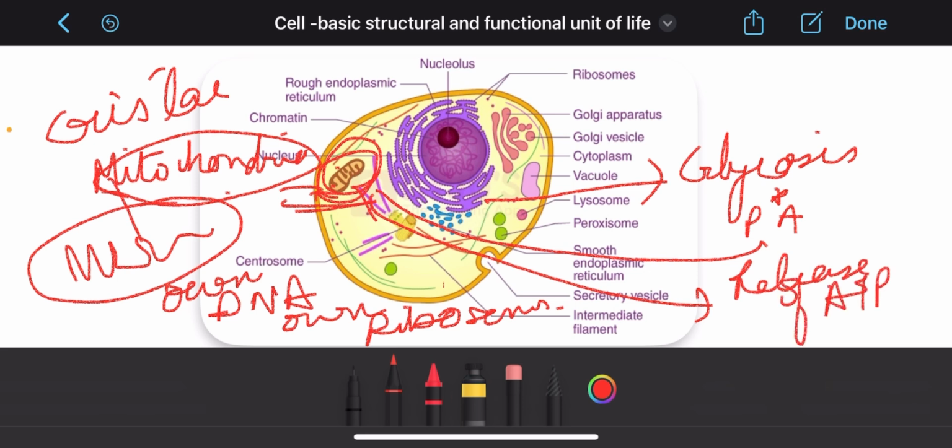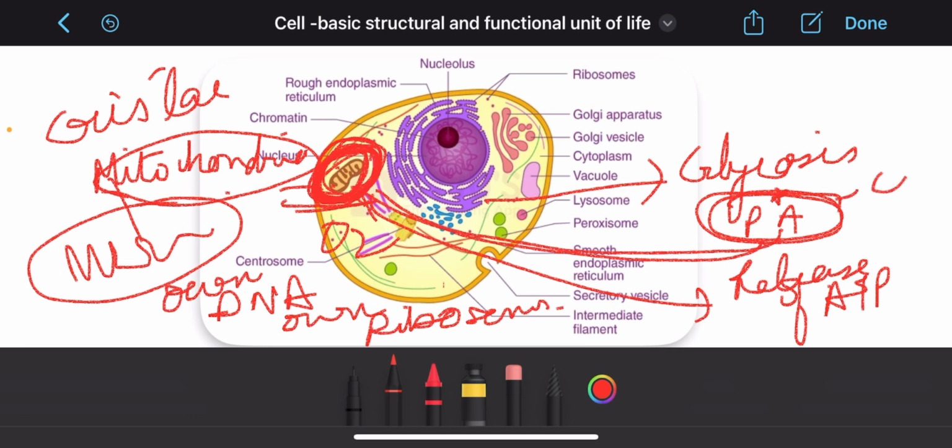This is when oxygen is present, then only this pyruvic acid is going to enter into the mitochondria. There are certain respiratory enzymes also which are formed within the mitochondria, which are responsible for the breakdown of pyruvic acid into CO2, H2O and ATP with the release of energy.